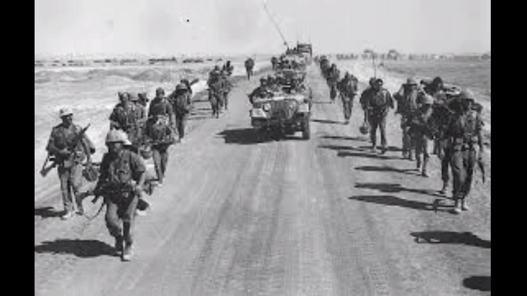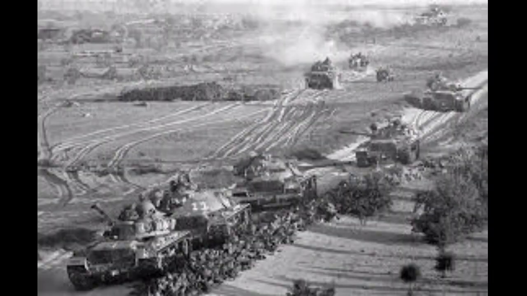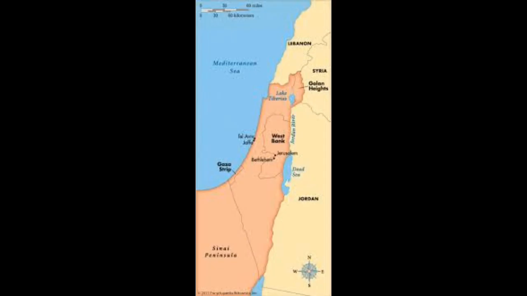There was growing Arab antagonism towards Zionist settlers, as they bought land from rich Arabs and evicted the local peasant families who had been cultivating it for centuries.